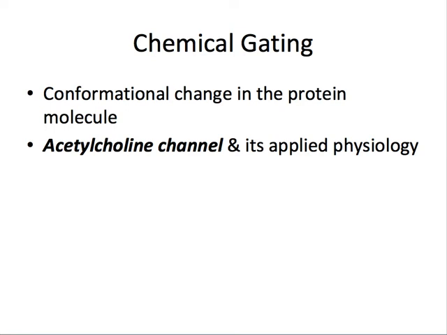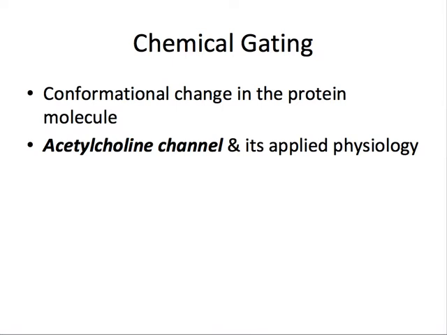Some protein channel gates are opened by the binding of a chemical substance with the protein, and that chemical substance in that case is called a ligand. This binding causes a conformational or chemical bonding change in the protein molecule that opens or closes the gate.